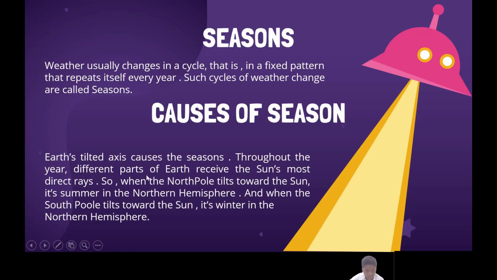Throughout the year, different parts of Earth receive the sun's most direct rays. So, when the North Pole tilts towards the sun, it's summer in the northern hemisphere, and when the South Pole is towards the sun, it's winter in the northern hemisphere.